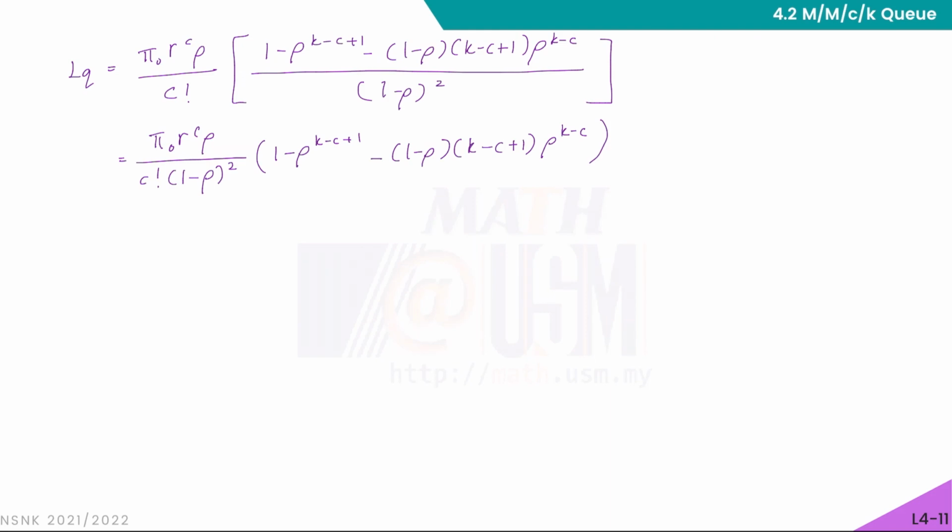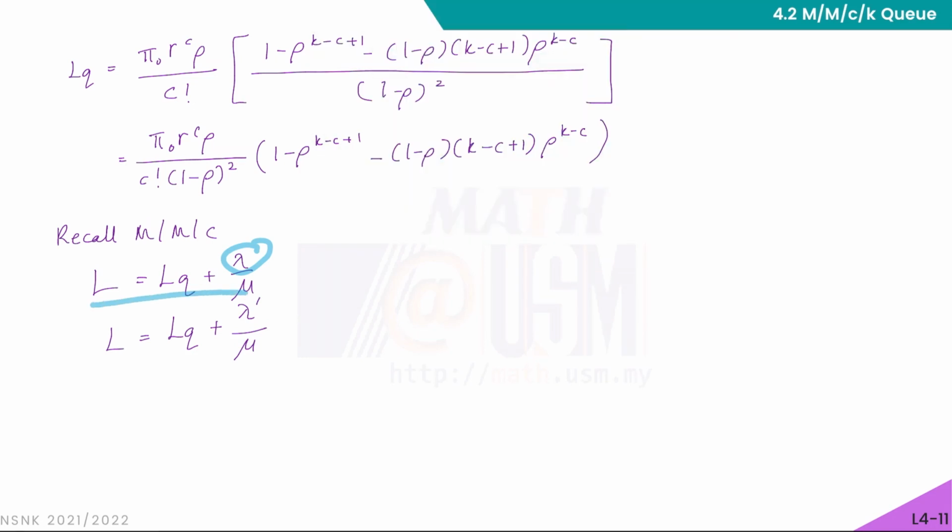Next, in order for us to obtain L from our LQ, we're going to recall from M/M/c queue that L is equal to LQ plus lambda over mu. But since this is the case of finite waiting space, we're going to consider the effective arrival rate. So we will have L equals LQ plus lambda effective over mu.